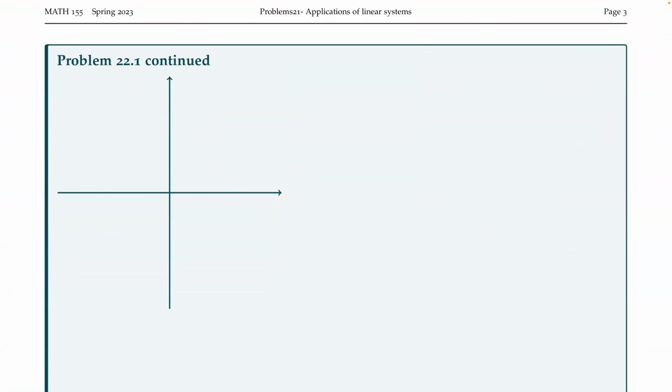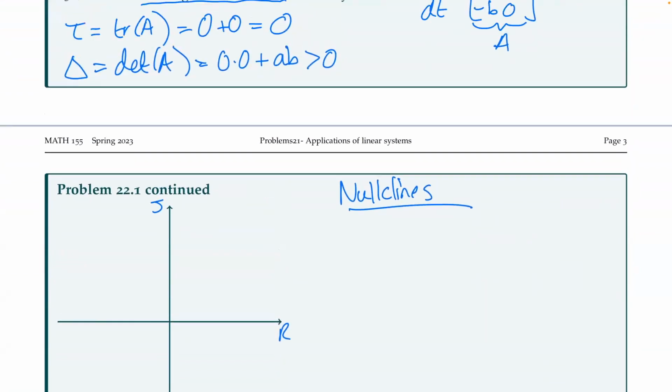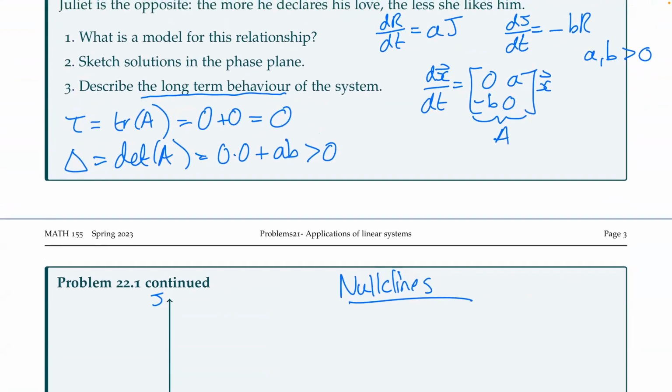Okay, so whenever we're doing a phase plane, the first thing we need to think about are our null lines. Remember, our null lines are where we have dR/dt equal to 0 or dJ/dt equal to 0. So when it's dR/dt equal to 0, that means we need A times J to be equal to 0.